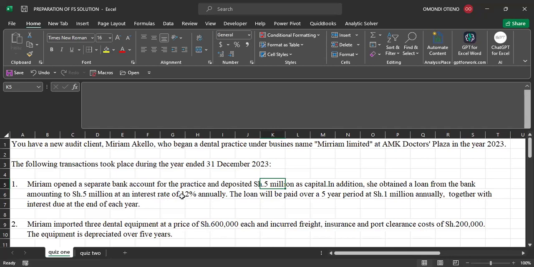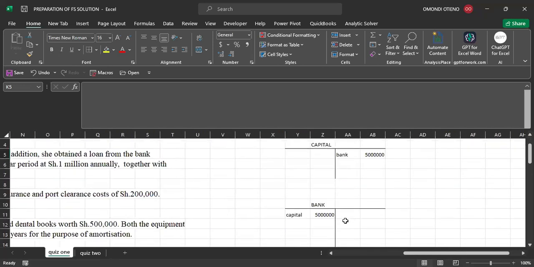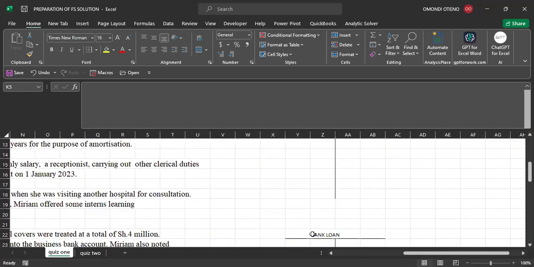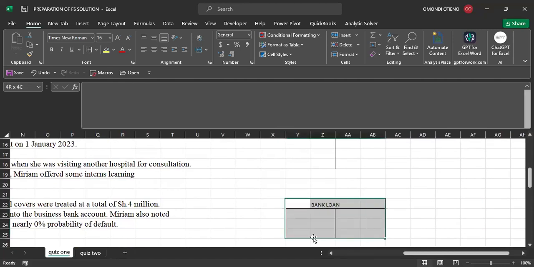Which accounts? Somebody is now trying to imagine this money taken from the bank as a loan. Somebody's also thinking maybe capital. Let's see. We are taking it to the bank account, right? So an increase in liability is supposed to be credited, right?